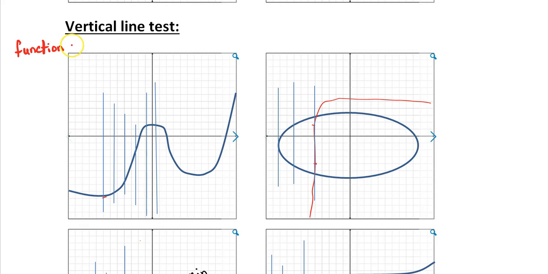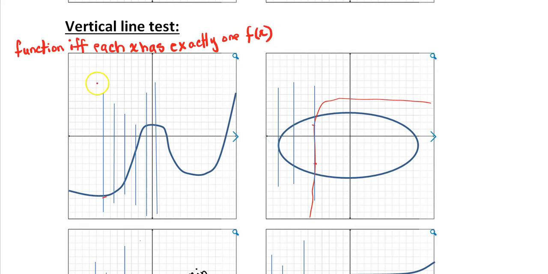I'm going to use a fancy piece of notation: it says if and only if, this fancy double IFF, the double F's. It is a function if and only if each x has exactly one f of x. That's the definition of a function.